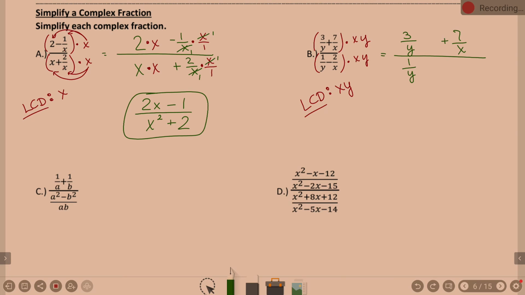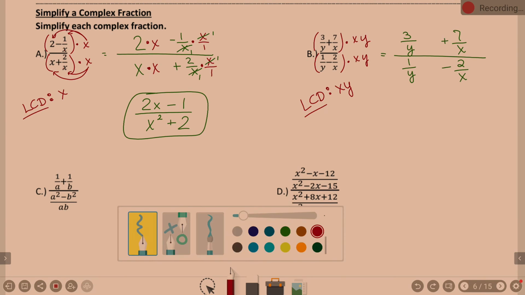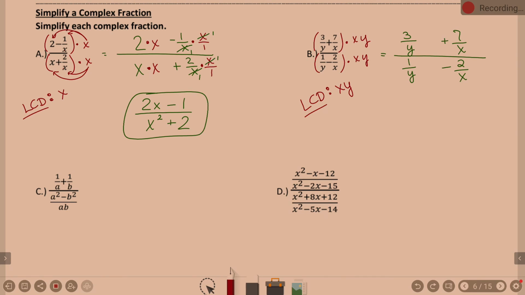And minus 2 over x is going to get multiplied by xy. What is xy as a fraction? Xy over 1. So I'm multiplying by xy over 1.